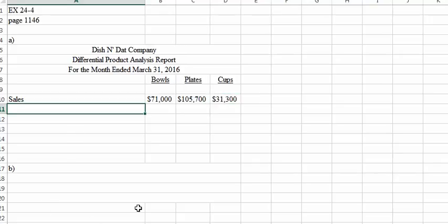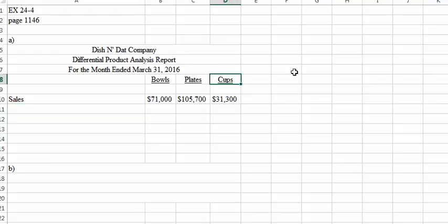Okay, so in making this decision, you guys, we only want to consider costs that are relevant to the decision of whether or not to keep the cups product line. Well, which costs are relevant? You probably thought of this already. The costs that won't be relevant are the fixed costs, because the fixed costs are there whether we continue to produce cups or we stop producing cups.